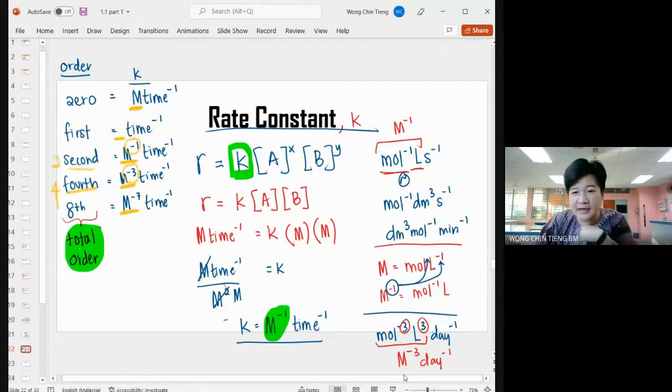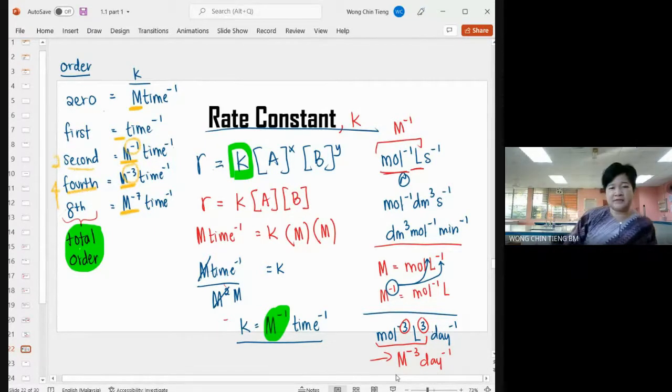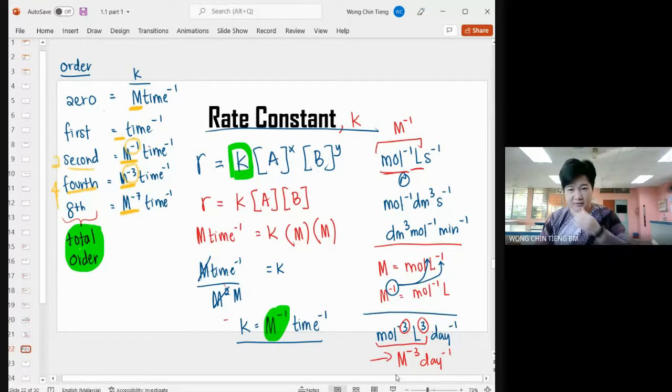Aina Izzati ke Aina Anis? Kita ada seorang. Okay? Aina ada dua Aina kan? Aina, this one. Can I have the order of the reaction? M negatif 3. Aina seorang lagi. Aina Izzati.